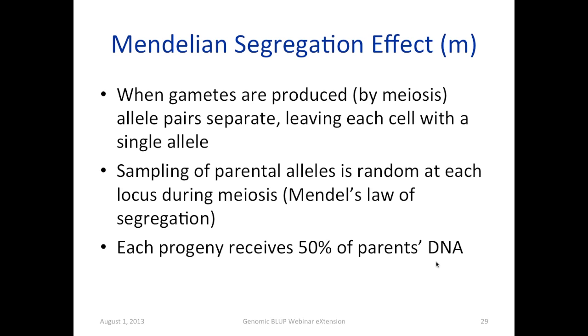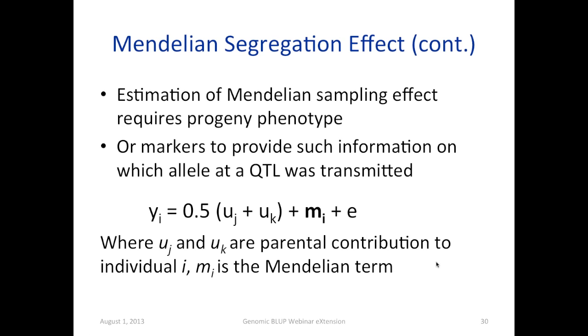That's why sibs do not look alike. So estimation of the Mendelian sampling effect requires progeny phenotype, or we can use markers to provide information on which allele at a QTL was transmitted.